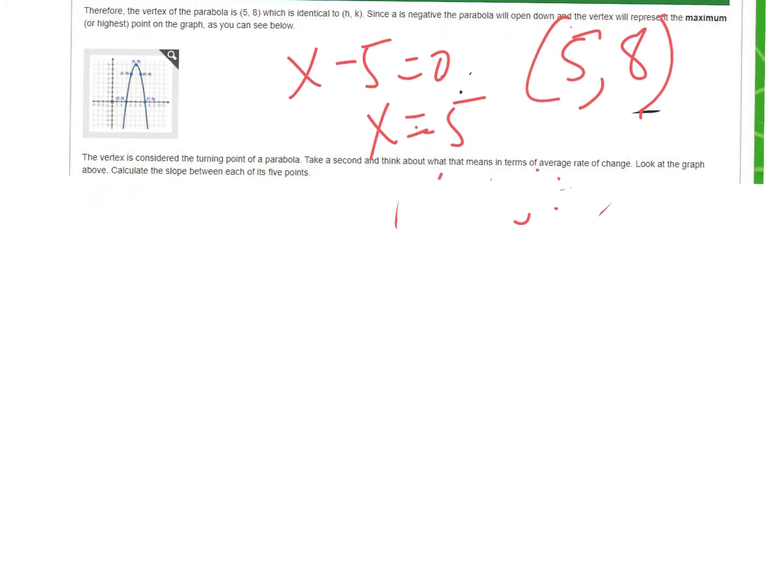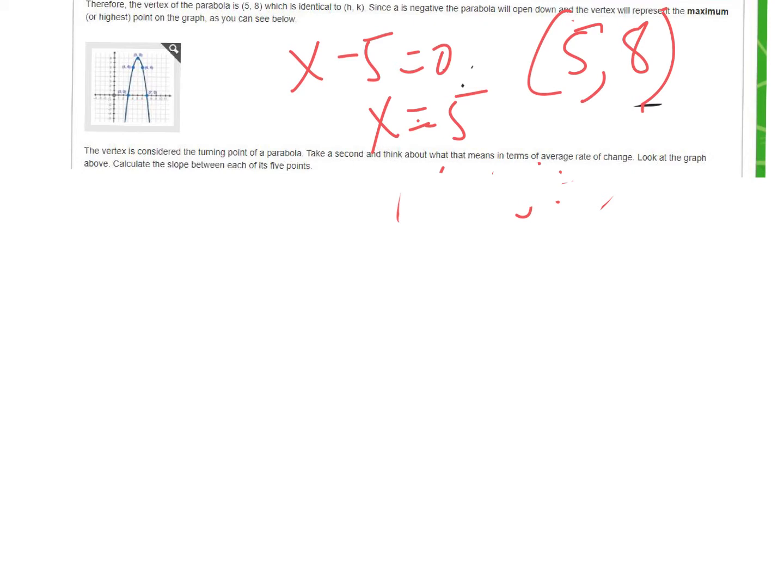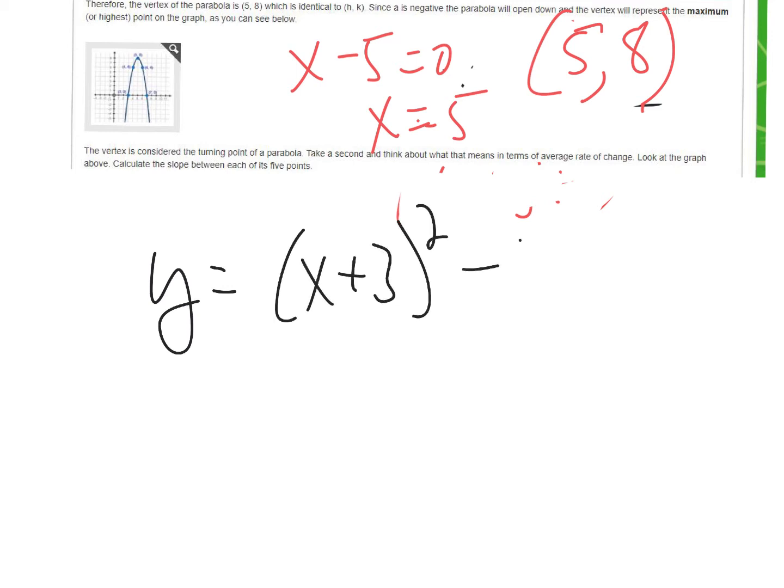Let me move this up. Suppose I have this parabola, y equals (x plus 3) squared minus 2. I know that this is shifted left 3, down 2, and it doesn't have a stretch factor at all.